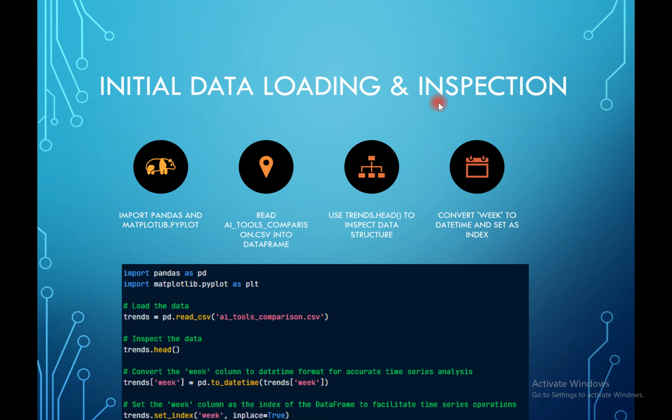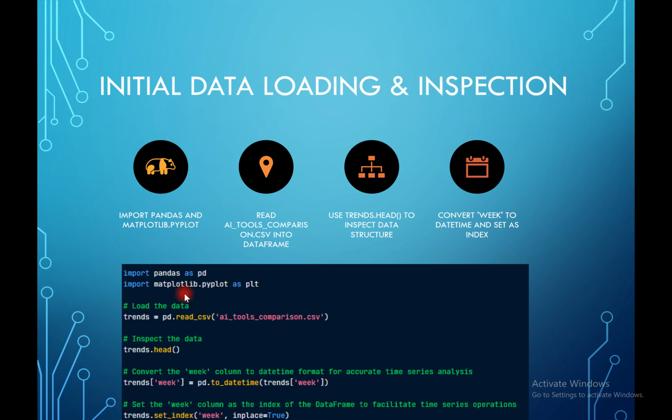initial data loading and expectations. Here I start by loading the CSV into a pandas DataFrame, and I'm expecting the structure of the data. After that, I converted the week column into a datetime format and set it as the index, preparing for time series analysis. This made it easier to sample, filter, and visualize trends later on.